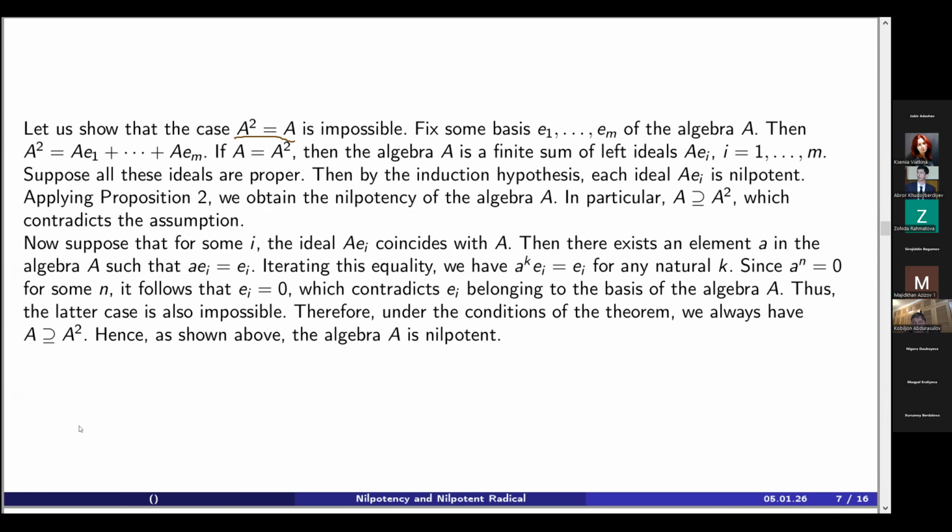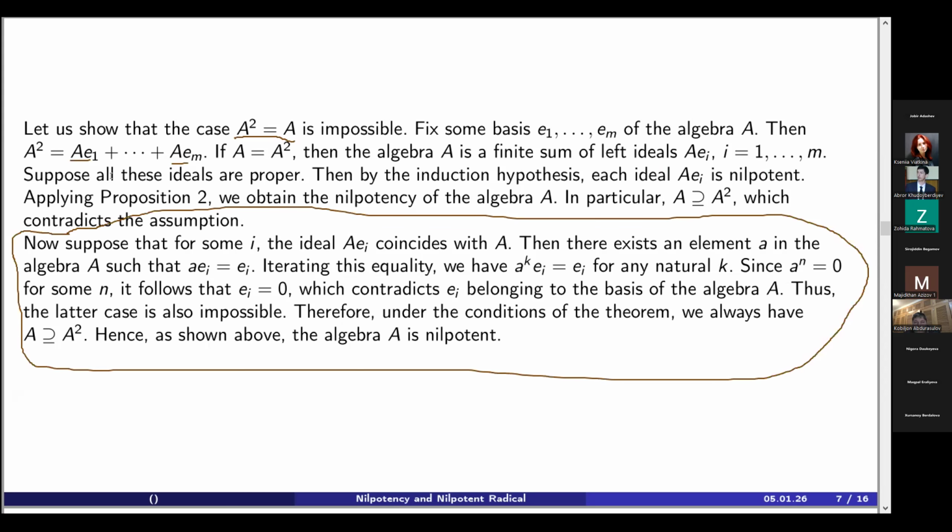Вдруг А квадрат равно А, он говорит, если все идеалы отличаются, невозможно. Теперь следующий случай: рассматривает случаи, когда некоторые идеалы совпадают, да? Давай, продолжай.